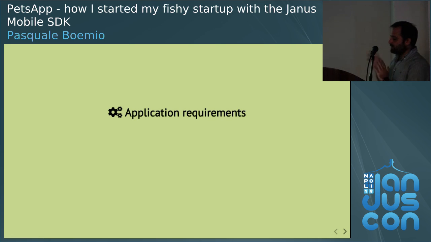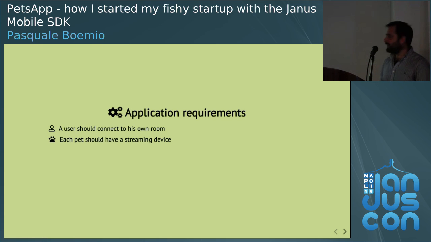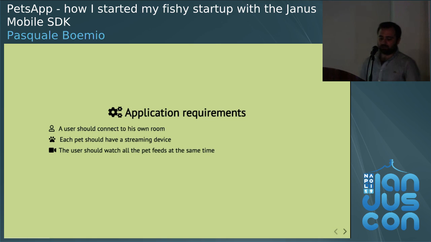First things first, I need to implement an application that manages users, and users have to have rooms. Each pet should have a streaming device, and each pet should subscribe to a room, and the user should watch all the feeds simultaneously.